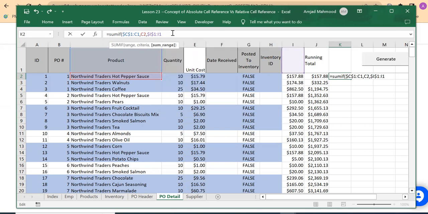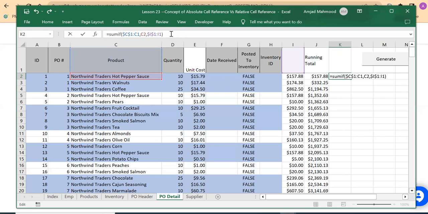In the criteria range, we will use the absolute start and relative end. And in the sum range also, absolute start and relative end. So this is going to give you for the moment a 0.